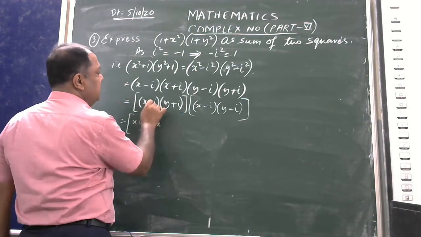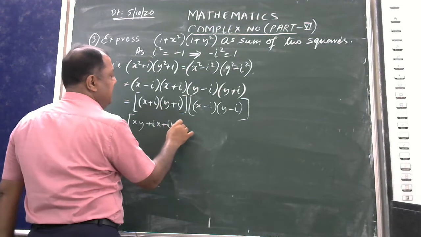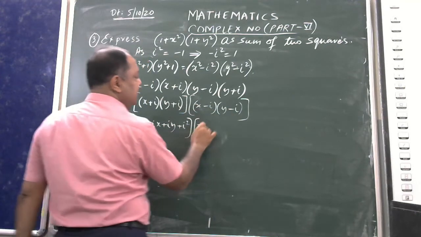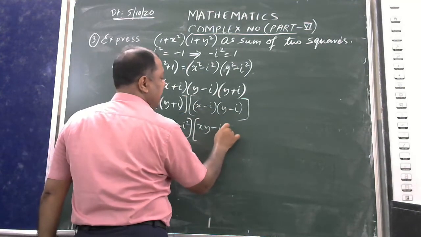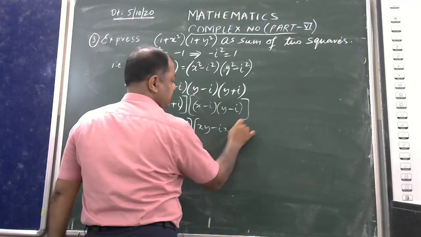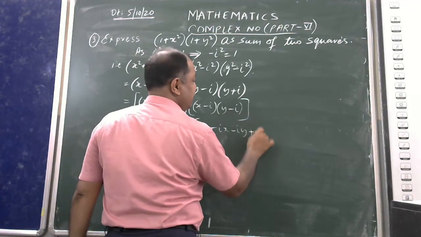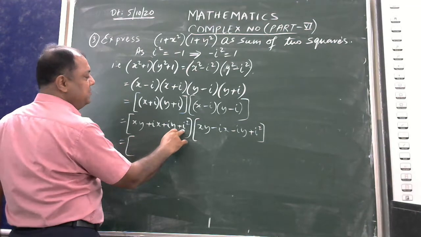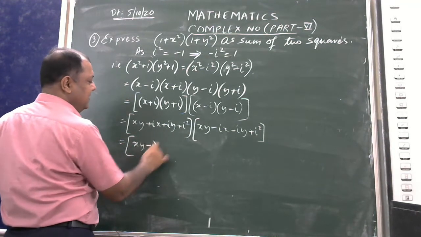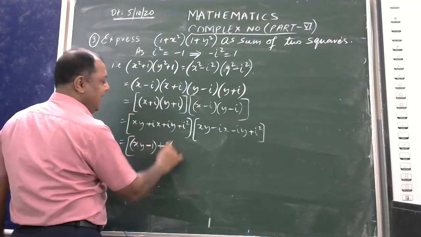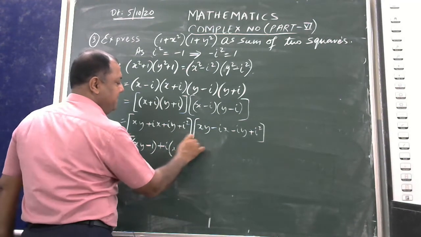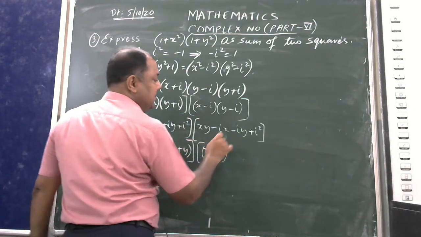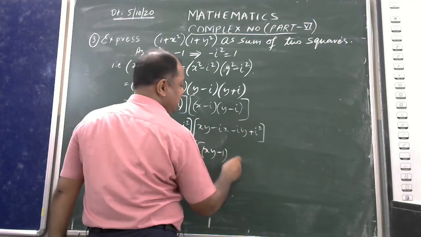plus ix plus iy plus i square. And this term will be written as xy minus ix minus iy plus i square, which is further xy minus 1 plus i into x plus y, while this particular part will be xy minus 1 minus i into x plus y, since i square is equal to minus 1.